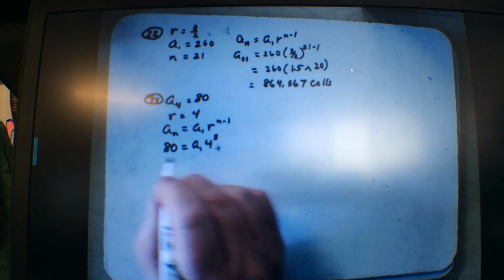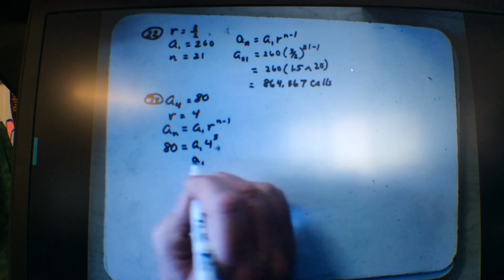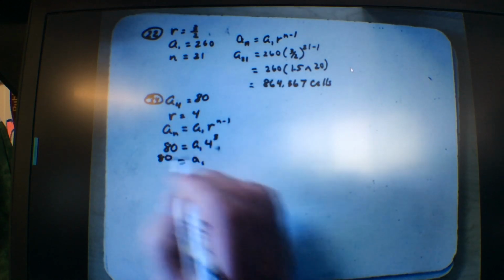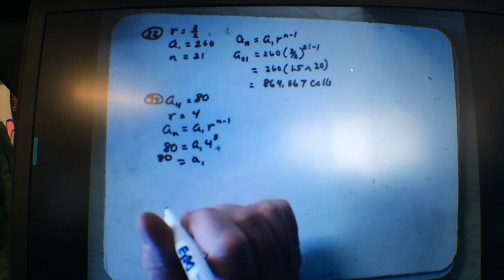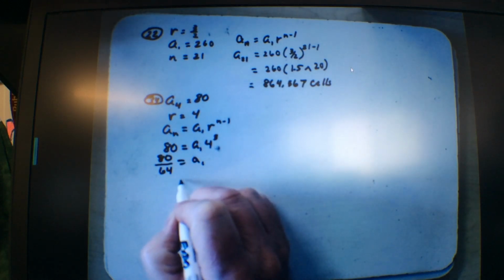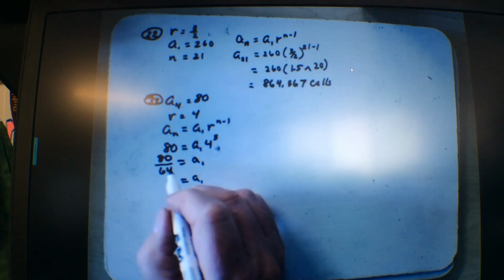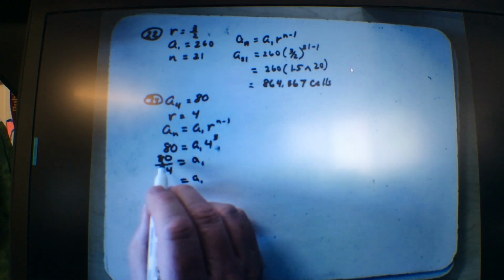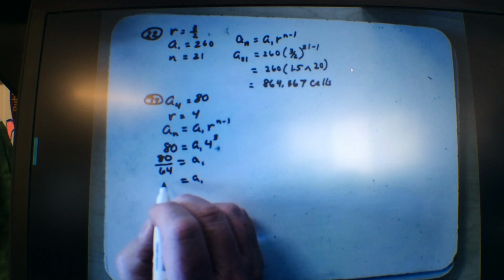So to solve for a sub 1, we're going to take 80 and divide it by 4 to the third power, which I believe is 64. Let's simplify that. They're both divisible by 8, so it'd be 10 over 8, and those are both divisible by 2, so 5 over 4.